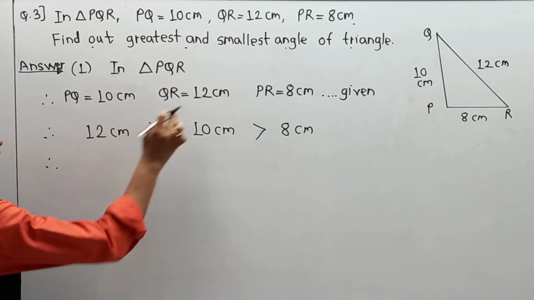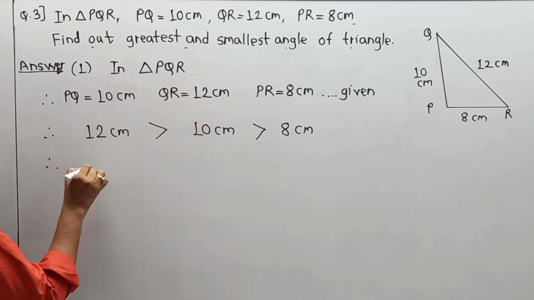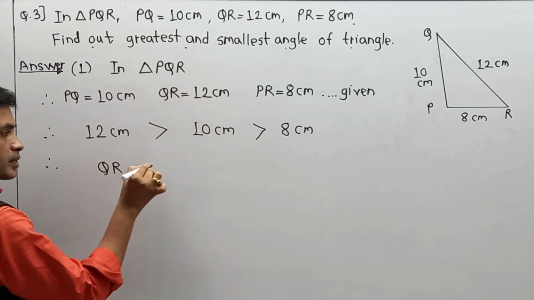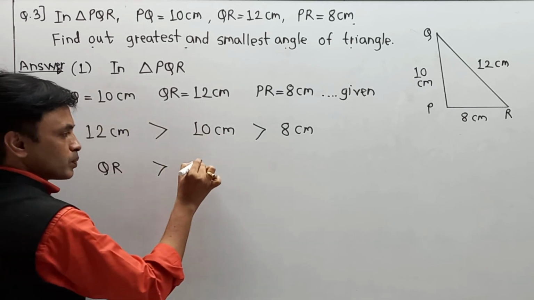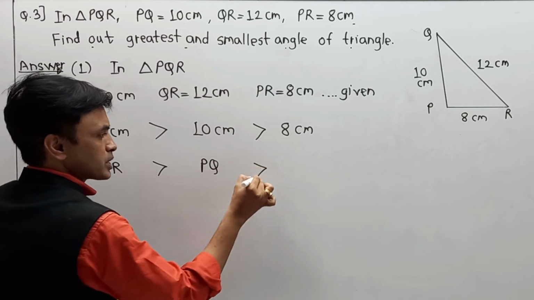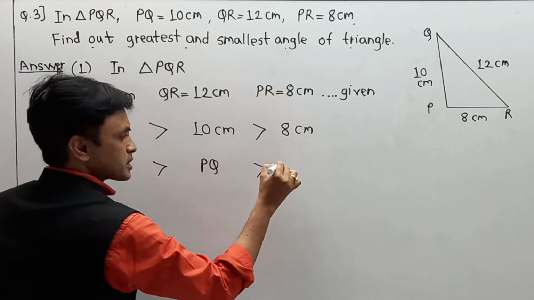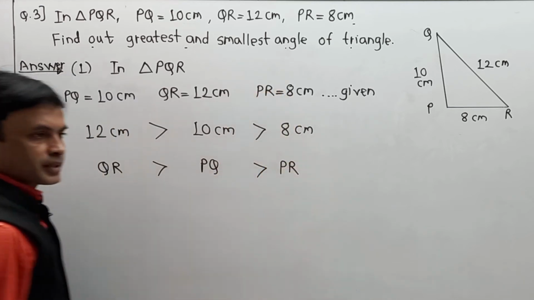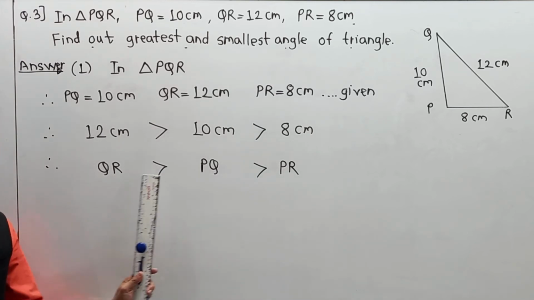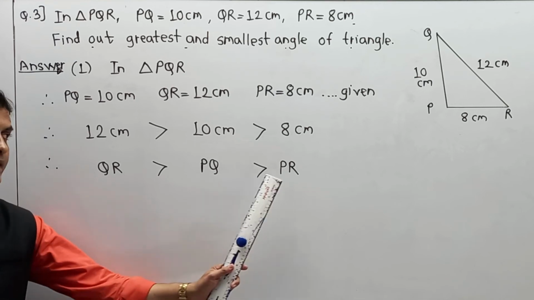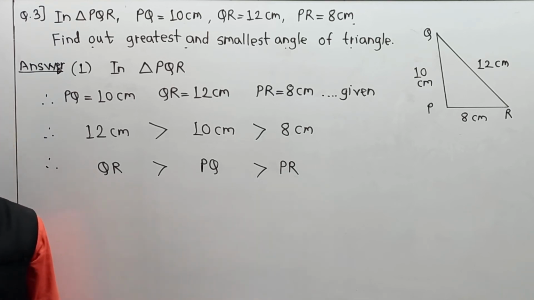Therefore 12 centimeter means QR, so you can say side QR is greater than 10 centimeter means side PQ. So PQ is greater than the last one, that is PR. And in this way we are able to judge that QR is the greatest one, PQ is the middlemost in length and PR is the smallest in length.